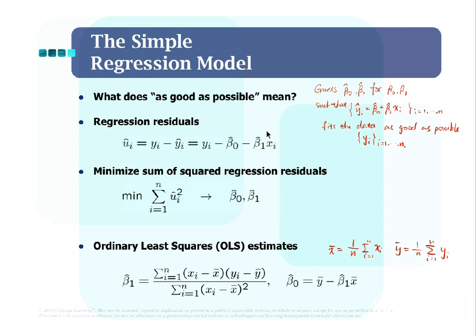Now you can choose beta 0 hat and beta 1 hat to minimize this quantity, the sum of squared residuals, so that you can derive beta 0 hat and beta 1 hat finally. So this is the procedure, or the idea, of how to do ordinary least squares estimation.